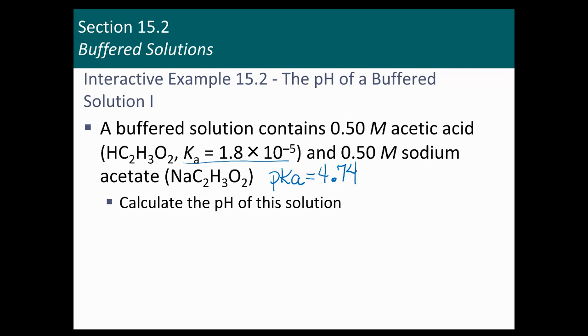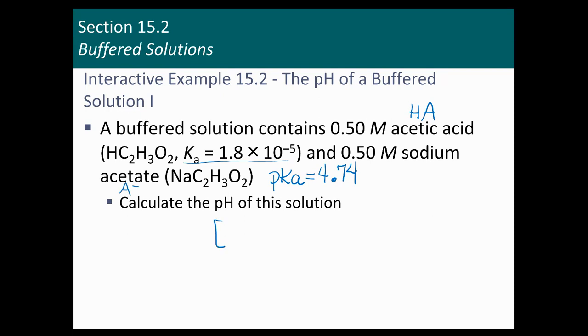Okay, so let's take a look. 0.50 molar acetic acid and 0.50 molar sodium acetate. The first thing I want you to do is to identify who's who. The acetic acid is the weak acid, HA, and the acetate is A-.